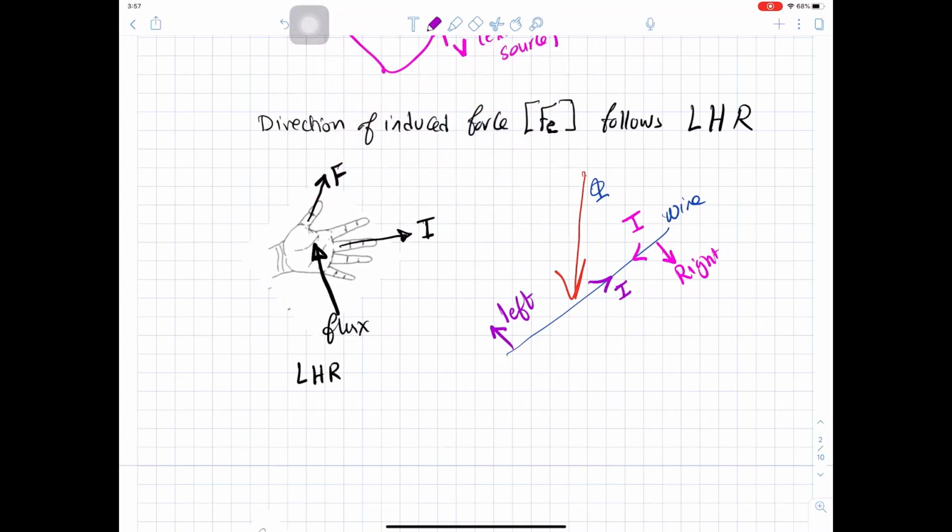So you can change the direction of movement by changing the direction of the current or by changing the direction of the flux, according to the left hand rule.